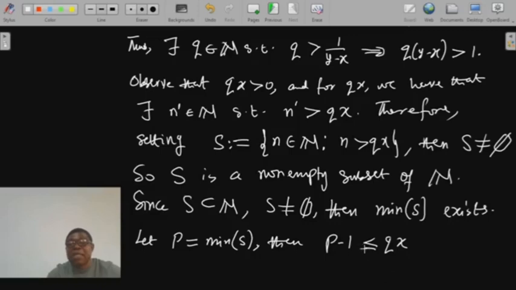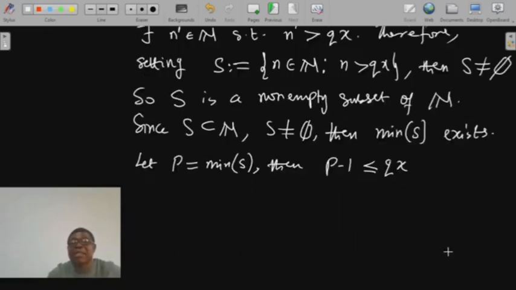So that is satisfied. And if P minus 1 is greater than Qx, then it will mean that P minus 1 belongs to the set S, and that will contradict the fact that P is the minimum of S. So P minus 1 is less than or equal to Qx.